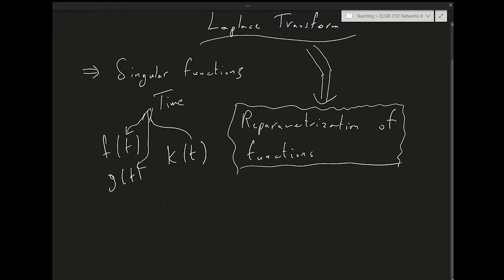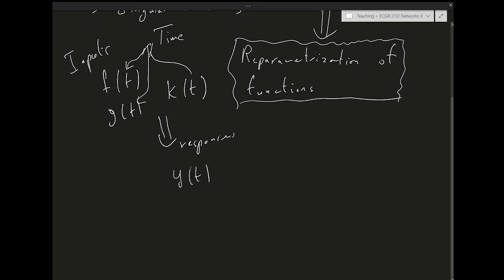So we try to find the response. Assume we have a bunch of inputs, and we try to find responses, and the responses are also functions of t. Everything is written in terms of functions of t. Everything varies with respect to time.